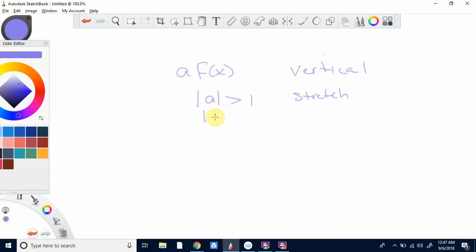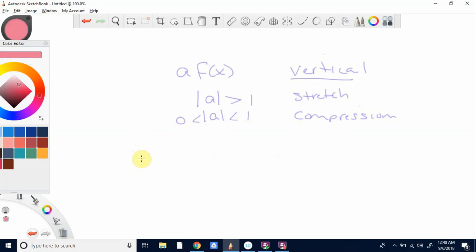If you take the absolute value of A and it's less than 1 but greater than 0, then you have a vertical compression or shrink. And they enlarge or shrink proportionally. I mean, they go out at the same rate. Okay, so that's a vertical.